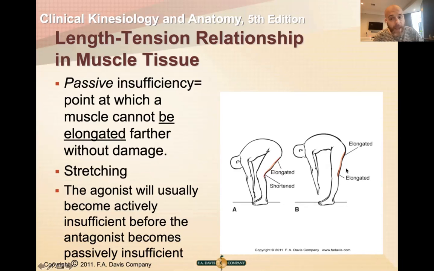We've all had that when we try to touch the floor. Even if you're like most women and can touch your toes or have a good straight leg raise, you're going to feel a stretch in your hamstrings. I can barely touch my toes in standing, and my hamstrings are on fire. That is a very good example of passive insufficiency.